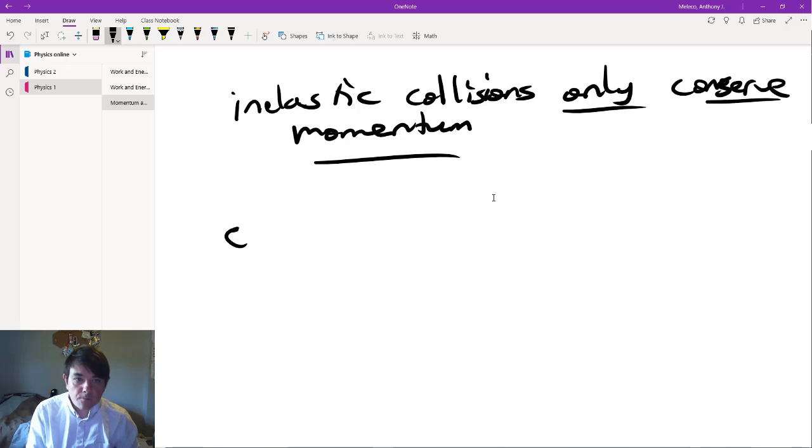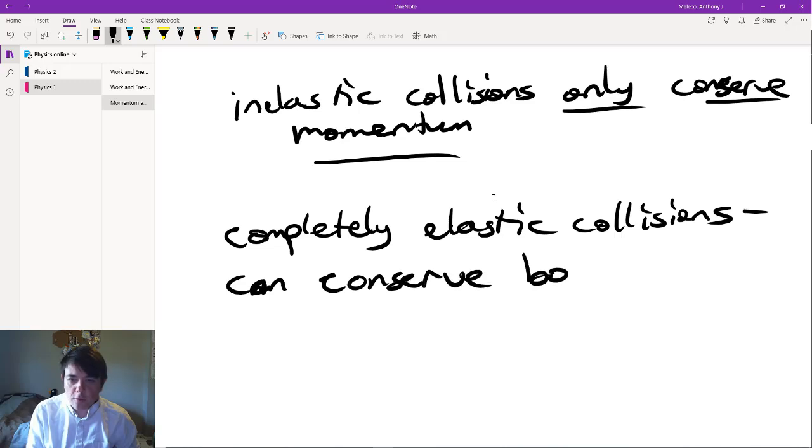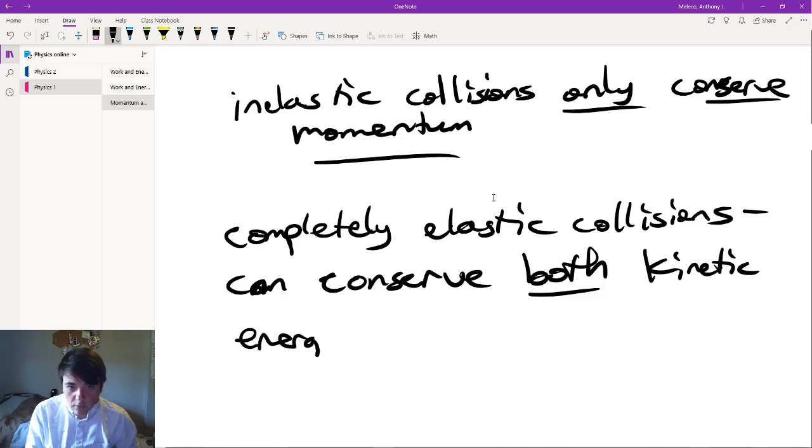Completely elastic collisions can conserve both kinetic energy and momentum.